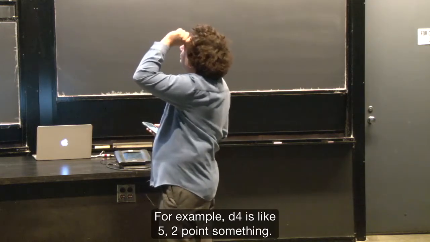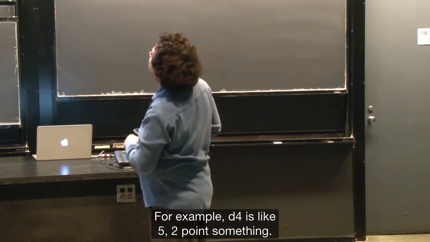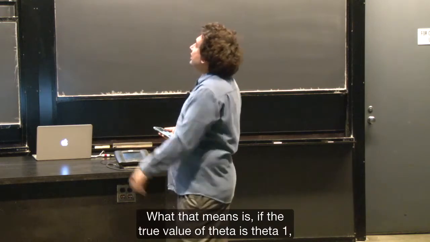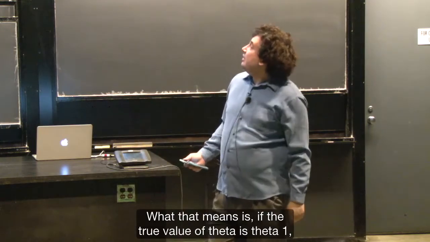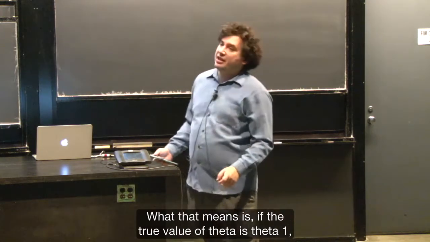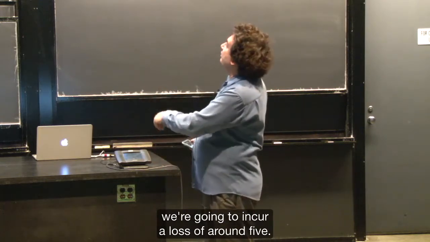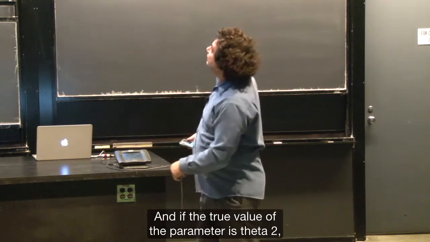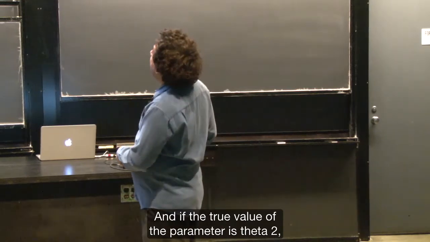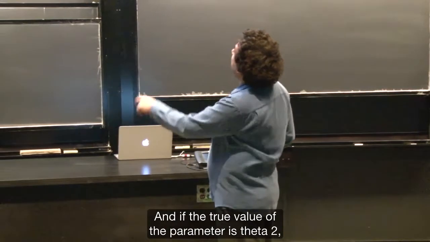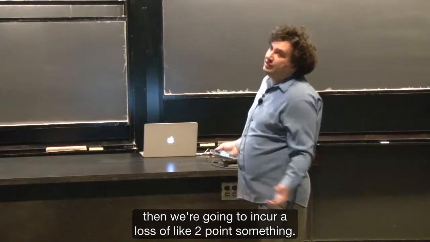For example, D4 is like 5, 2 point something. What that means is if the true value of theta is theta 1, we're going to incur a loss around 5. And if the true value of the parameter is theta 2, then we're going to incur a loss of like 2 point something.